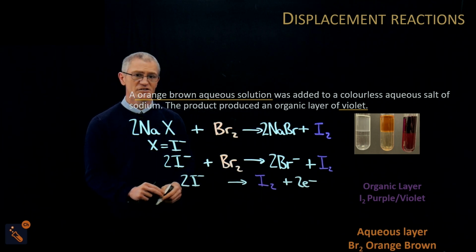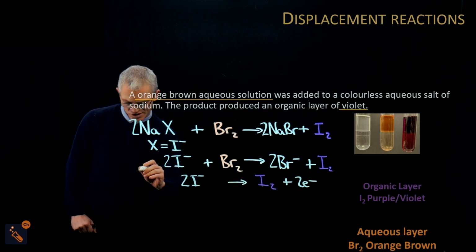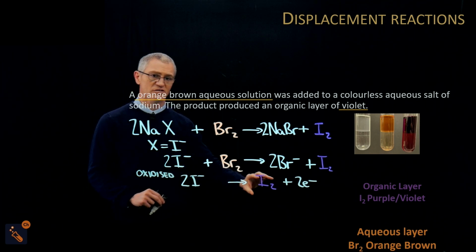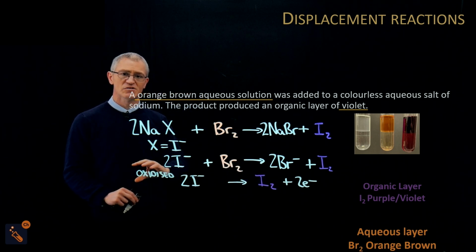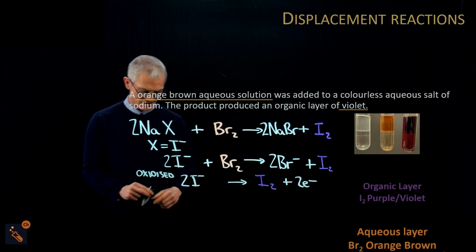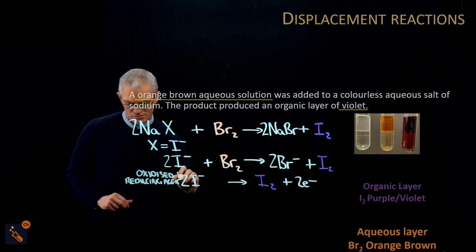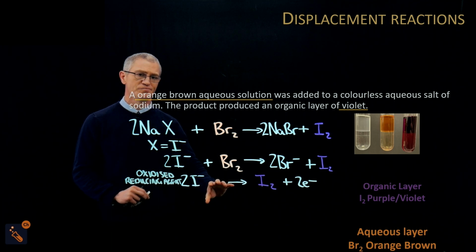That means it's losing electrons, therefore it is oxidized. And if you go back to previous information that we've given you, if something is oxidized, that means it is the reducing agent. So we've got oxidized and the reducing agent.